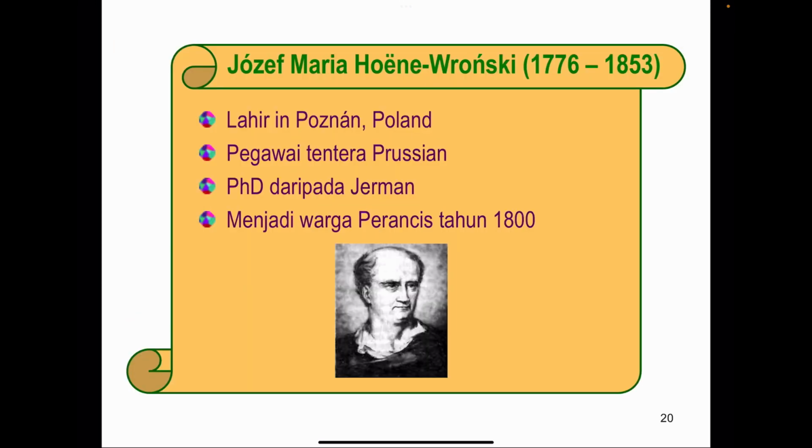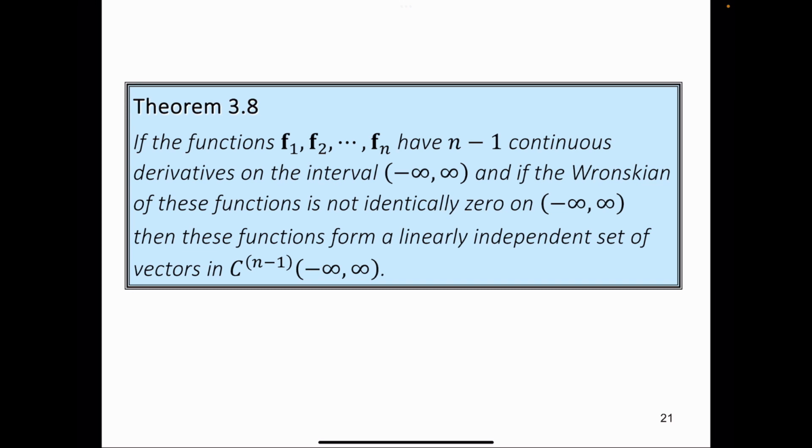This person found that if the Wronskian is not identically zero, it's not identically zero because the Wronskian is a function in terms of x, so if W(x) is not identically zero, then we can conclude that the collection of these functions f1 up to fn form a set which is linearly independent on this vector space.